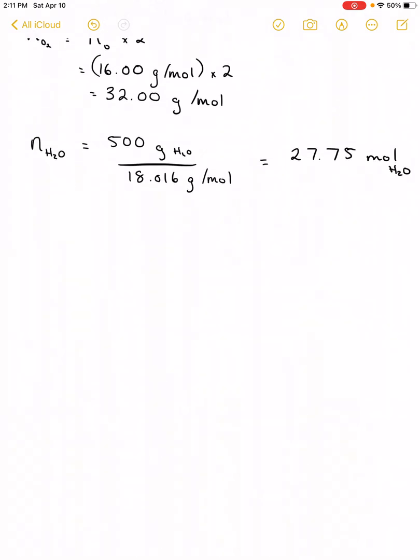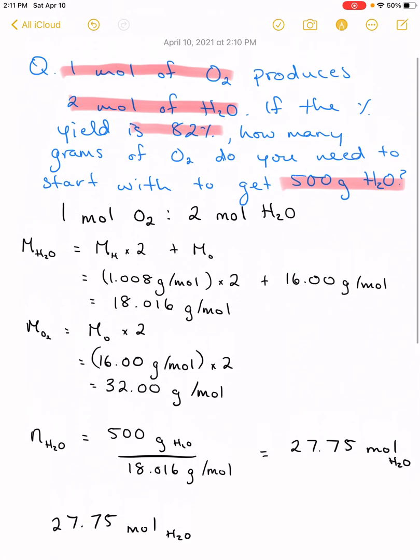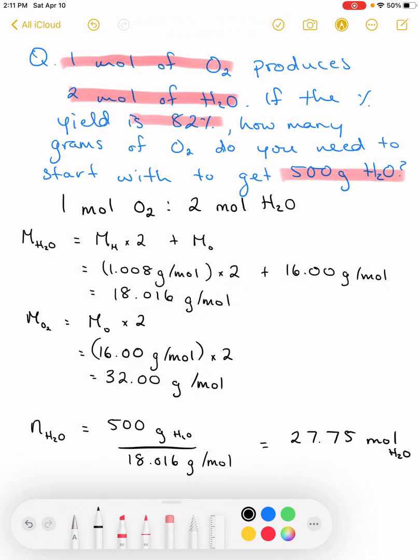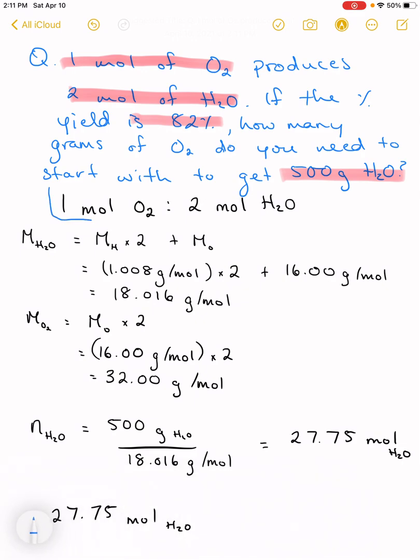All right, so we have 27.75 moles of H2O we want produced. And we get twice as many moles of H2O produced than we have oxygen reacting. Right, that's what the problem told us.